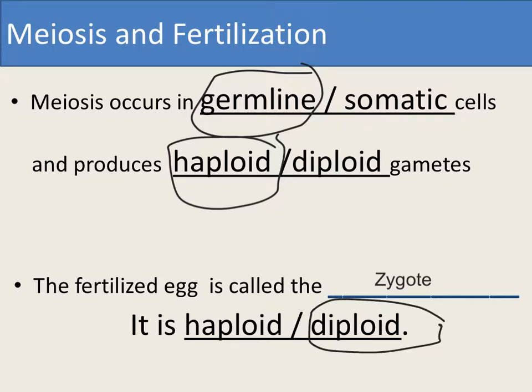So germline cells make gametes that are haploid. Sorry. So the germline cells are diploid, but they produce haploid gametes. And then the fertilized egg, a zygote, is the restored diploid from two gametes meeting and fertilizing.